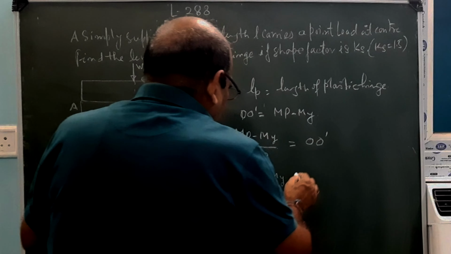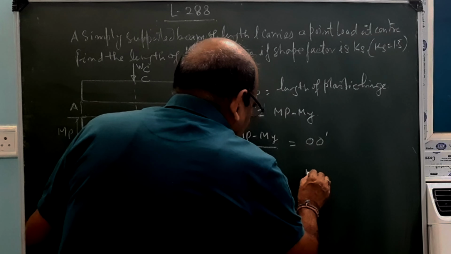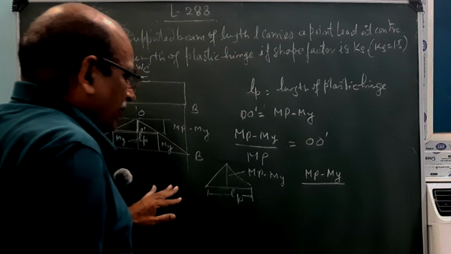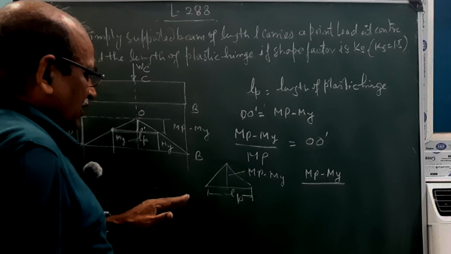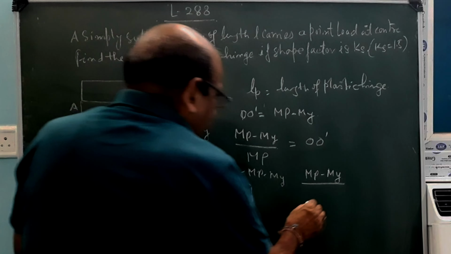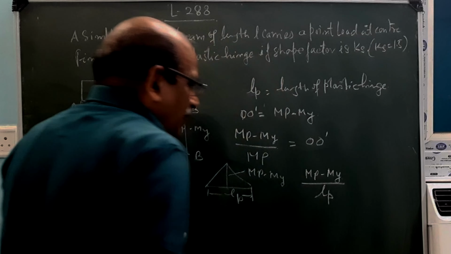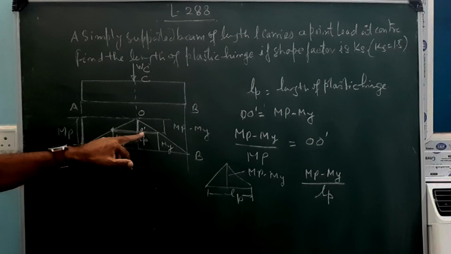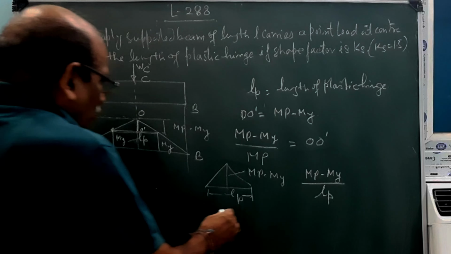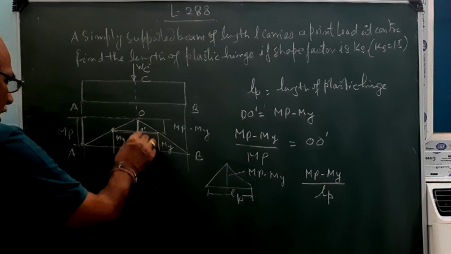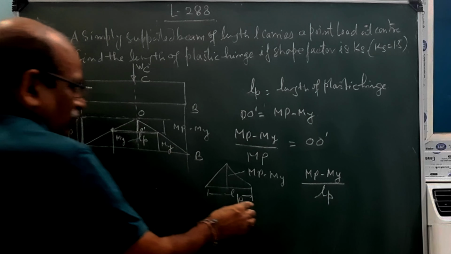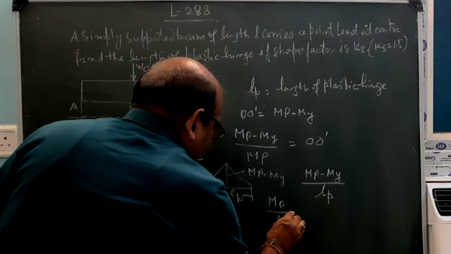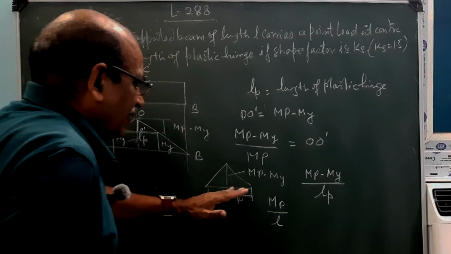Perpendicular divided by base is MP minus MY divided by LP, and for the whole triangle it is MP divided by L.